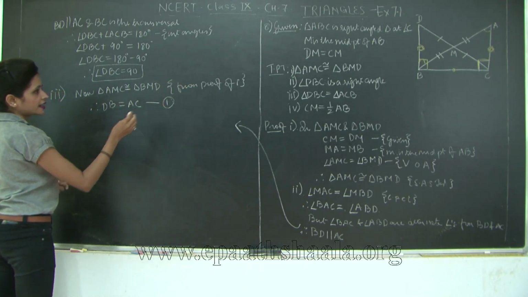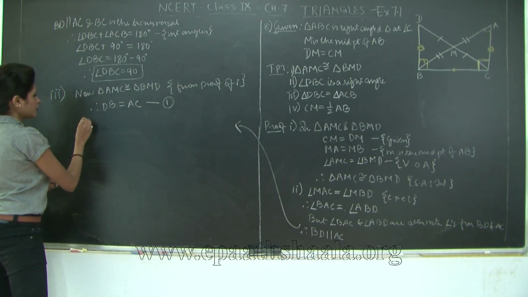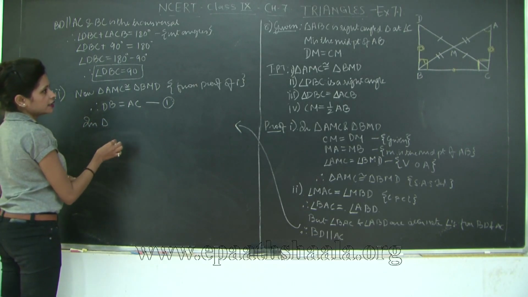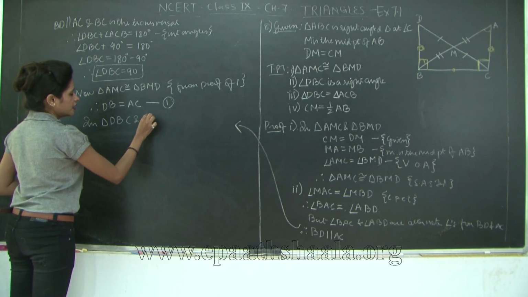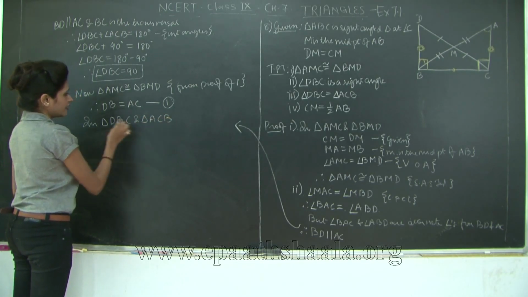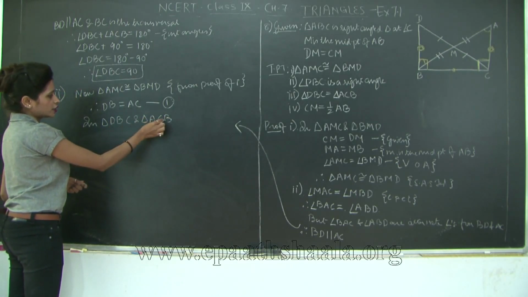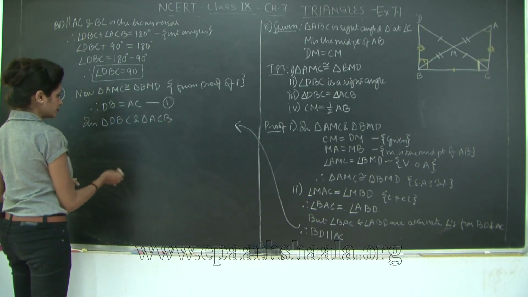Now let's take the two triangles, that is DBC and ACB. In triangle DBC and triangle ACB, we have D corresponding to A, B corresponding to C, and C corresponding to B over here.